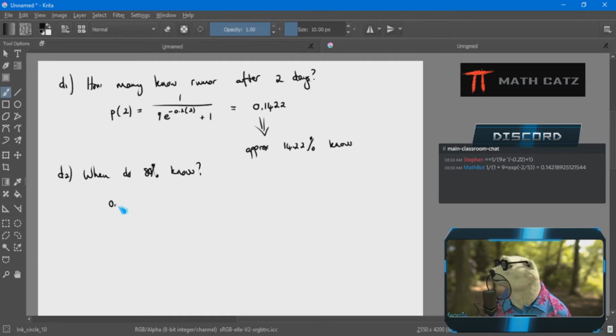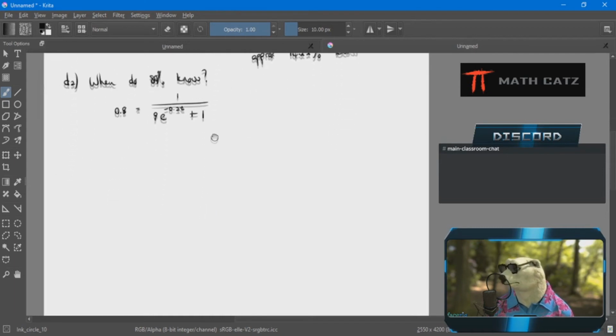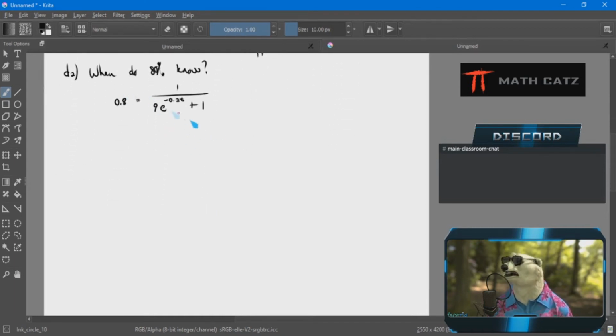So now I plug in 0.8 for P, and I'm looking to solve for time, which is essentially the same as what we've done before. I just have to flip these things around a little bit. So 9e to the negative 0.2t all plus 1 equals 1 over 0.8. We could simplify that 1 over 0.8 first if we want to.